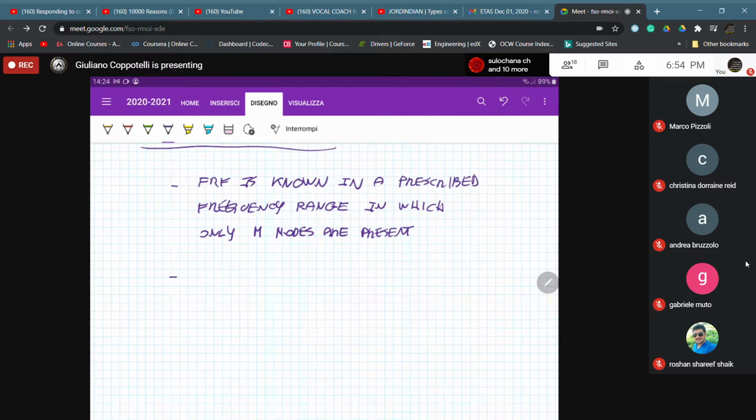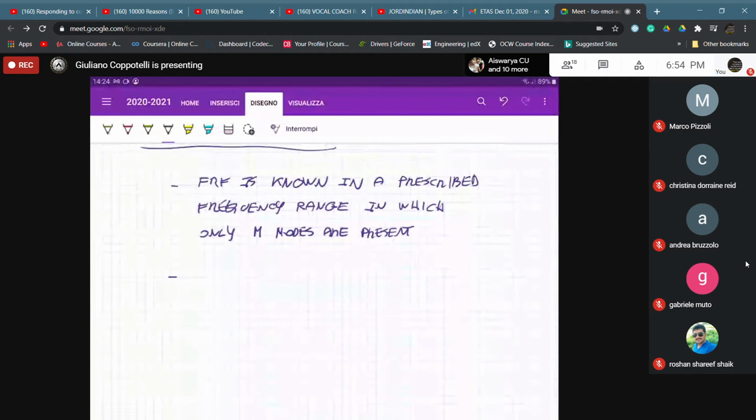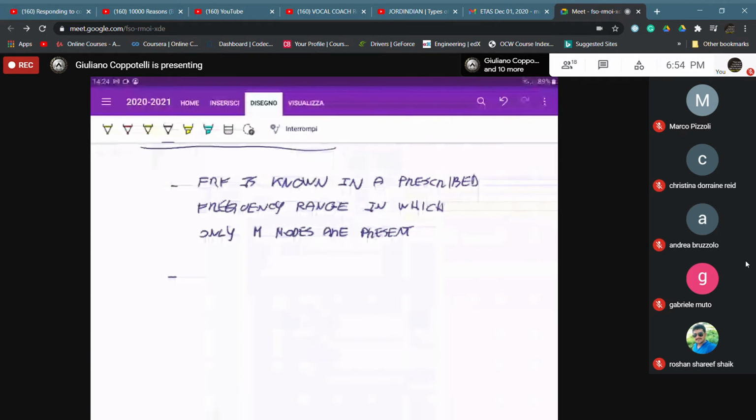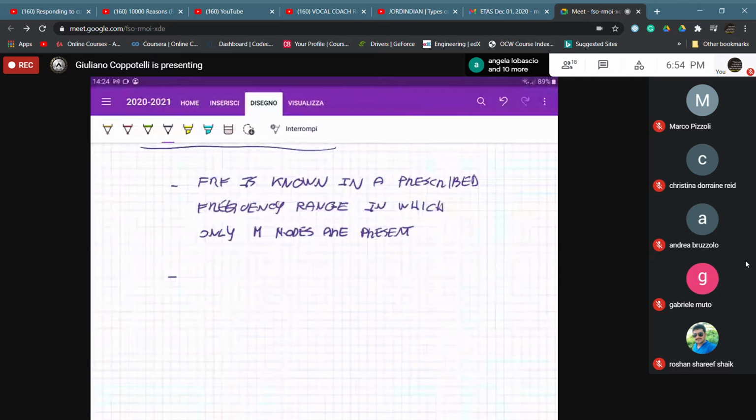so when we are resynthesizing your FRF from your knowledge of the mode shapes, this FRF will differ with respect to the, let's say, ideal one, the good one.